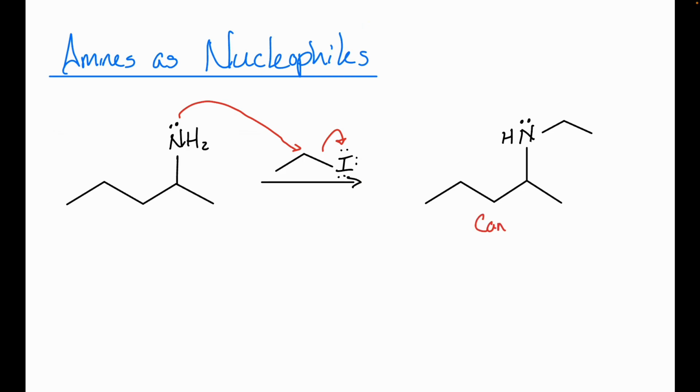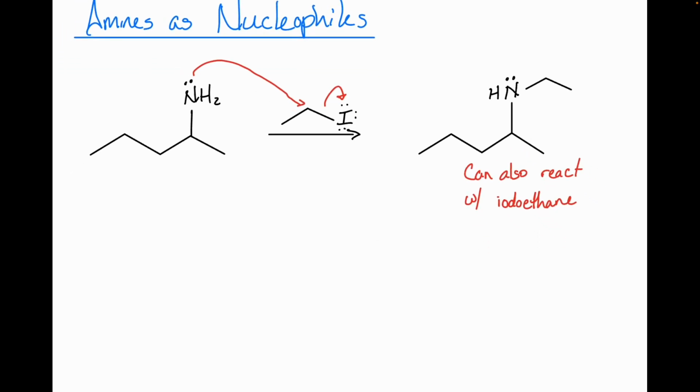So it can also react with alkyl halides, or with our iodoethane in this case. So you're going to get a mixture of a bunch of different products. There's no way to stop it after just one addition. All right, so you'll get a mixture of all these different amines. It's just going to react over and over again.